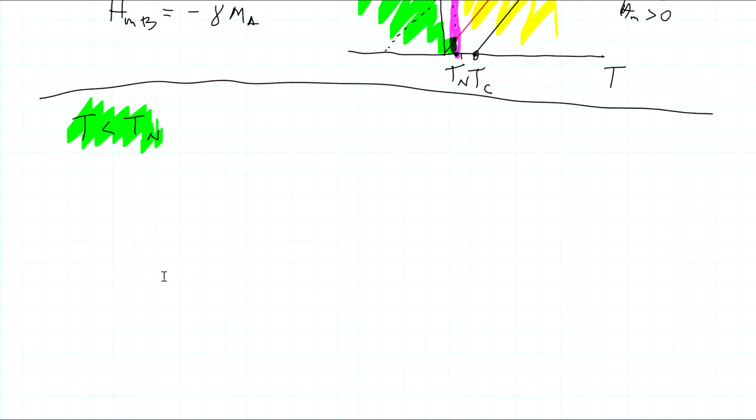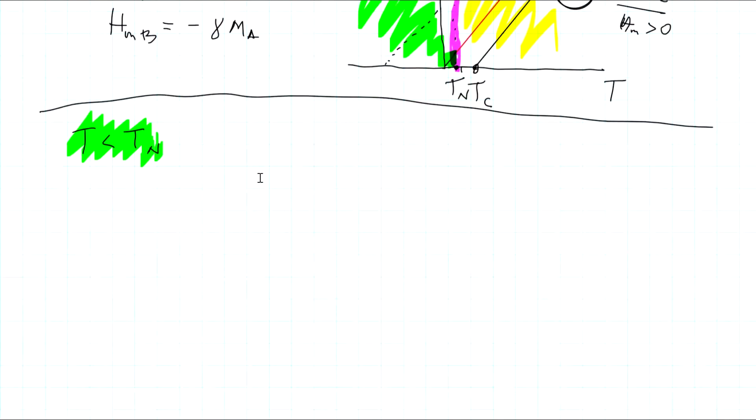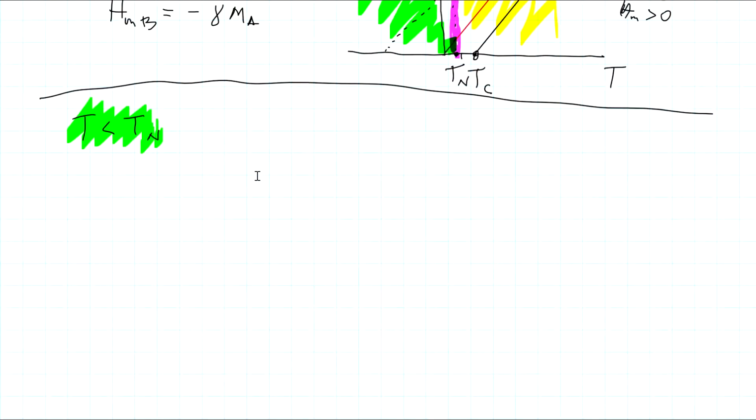If you look at the sublattices A and B, they're pointing in opposing directions, and everything is ordered, which means that we are in the antiferromagnetic state. The total magnetization M is equal to M of lattice A plus M of lattice B, and M_A is equal to M_B. That is an ordered state.